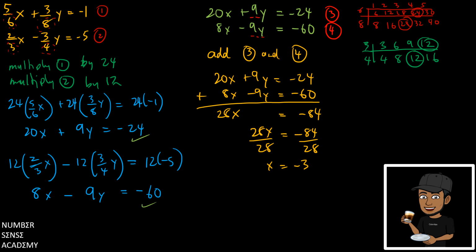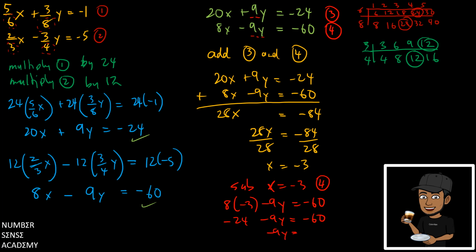And so now I'm going to sub x equals negative 3 into an equation that's easy to work with. And I'm going to sub it into an equation that has x. Let's sub it into equation 4. So I have 8 times negative 3, that's x, minus 9y equals negative 60. So I have negative 24 minus 9y equals negative 60.